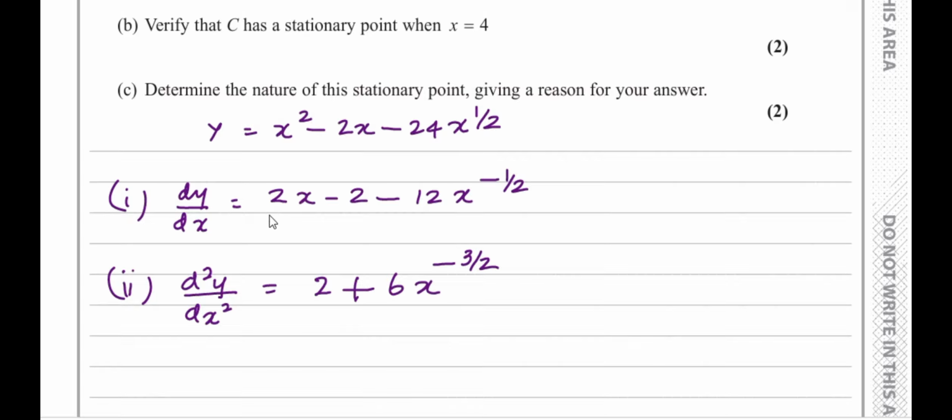So I differentiate this again to find d square y by dx square. So 2, then minus 12 times minus half is 6, x to the power of minus 3 over 2.